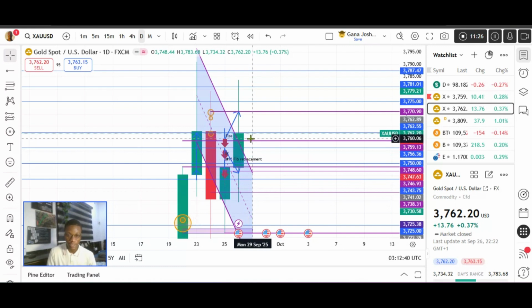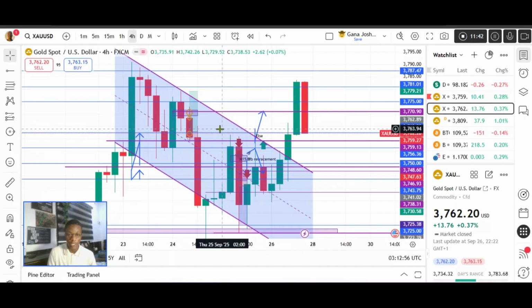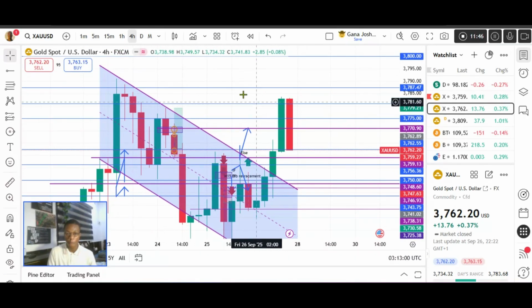But if it starts bullish, it's going to be tricky either to continue buying, or the open of the week is just to get weak and come down. So we have that at the back of our mind. When price last came, it couldn't break this resistance zone.